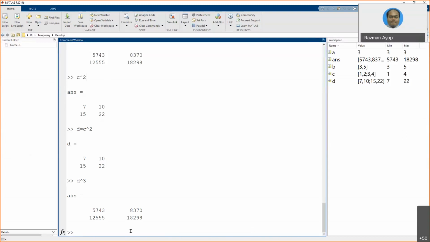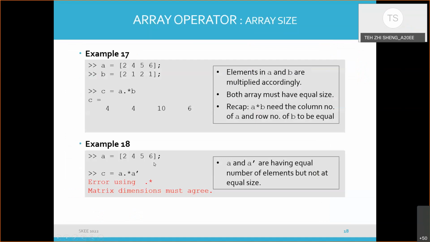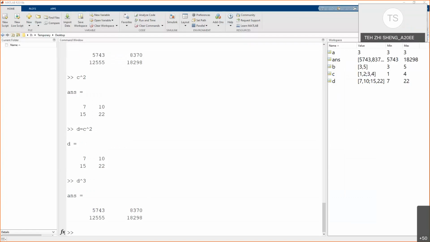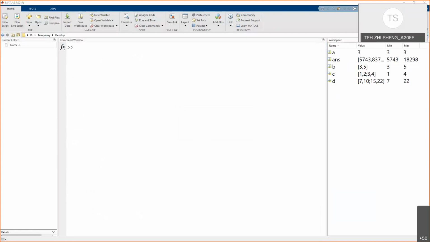Doctor, can I ask about example 18? The example 18 from the slide is supposed to give an error, right? But when I use MATLAB, I can get an answer. This one, example 18. How did you get an answer? Logically it should not. Yeah, I typed the same thing in MATLAB. Okay, let me try.